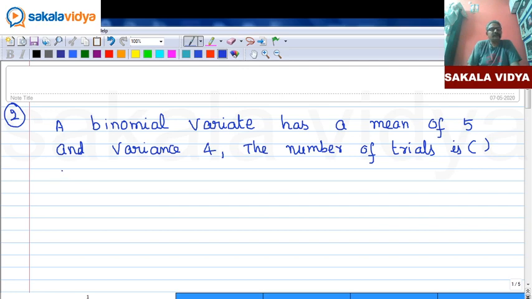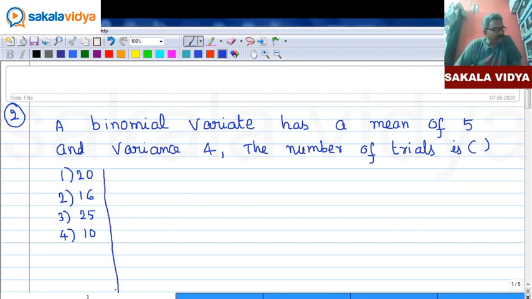Now you can do it. First option 20, second option 16, third option 25, fourth option 10. So, in most of the competitive entrance examinations, these questions may be asked. You can also do it, don't worry.